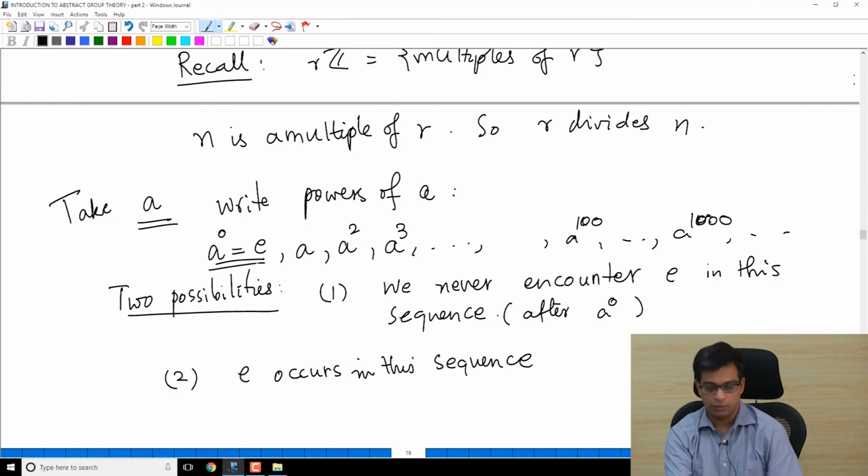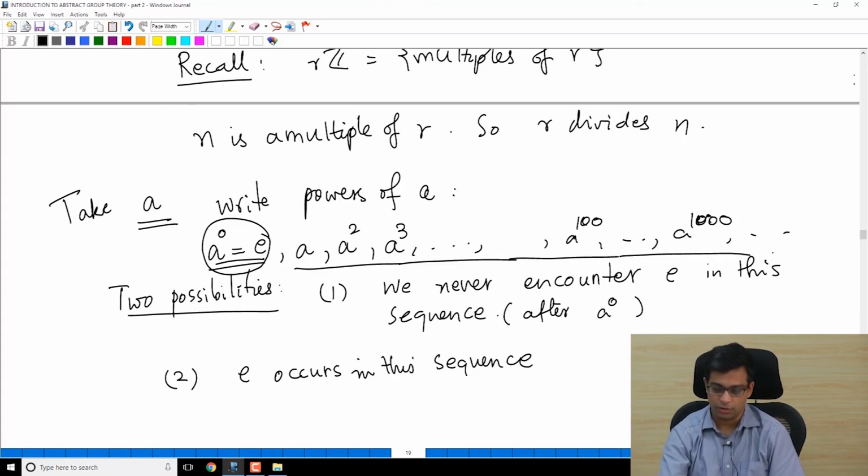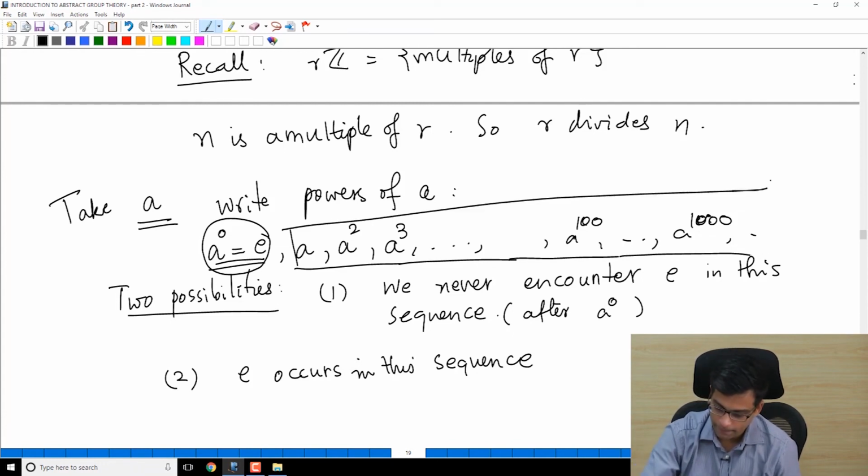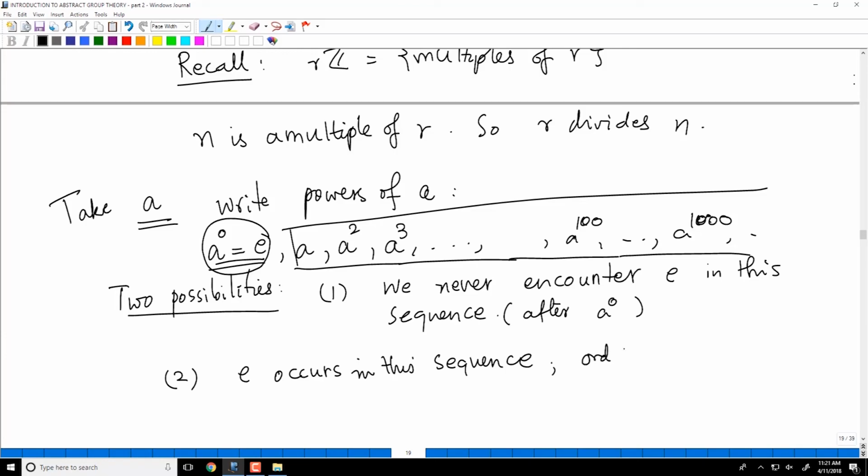If the sequence starts with A, either E appears or E doesn't appear. If E doesn't appear, they are all distinct and the group in particular must be infinite. Or E occurs in this sequence and the order of A is the first place where E occurs.